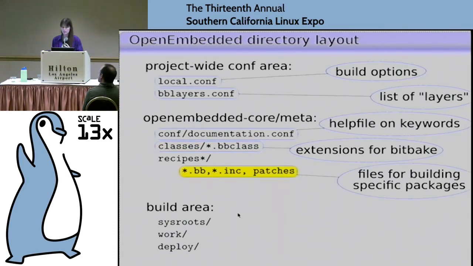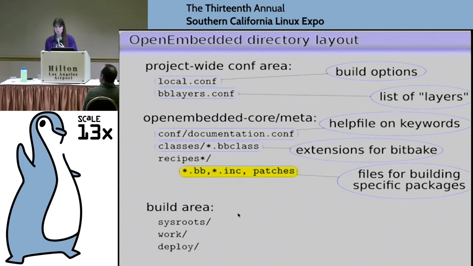And then you have, this is actually a set of directories, recipes-blah. In some layers it might be just one directory called recipes, but if you have a big layer, then it's often useful to have a little more organization, like recipes-development, recipes-whatever. And inside each of those recipes directories, those are the core files that describe all of the packages that it knows how to build.